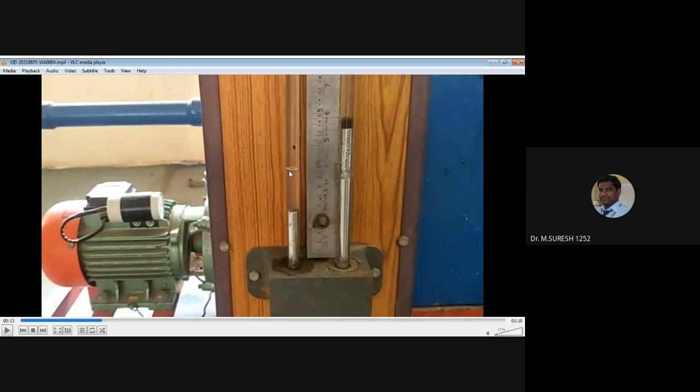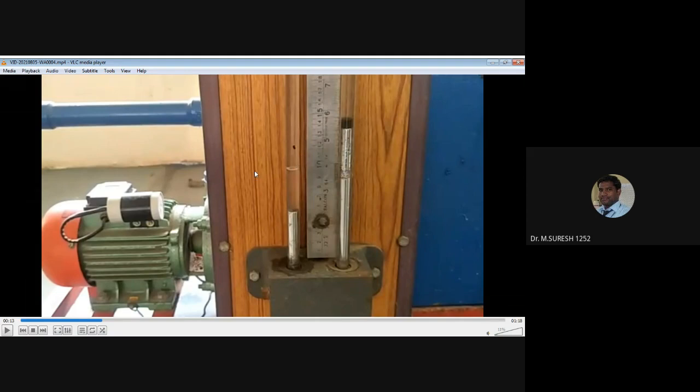And we should select the proper orifice meter. Different types of orifice meter can be used for different purposes. So select the given orifice meter for which calibration is done, and also identify the manometer limbs, left side and right side.